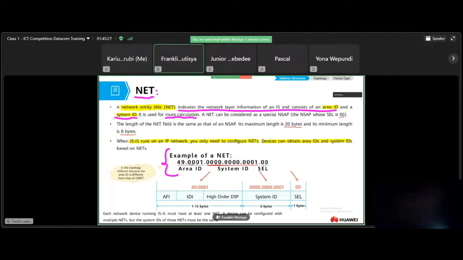The last one is the selector. So this is the system ID, this is the selector, this is the area ID. I hope that is clear. So every ISIS network must have at least one network entity title. A device can be configured with multiple nets, but the system IDs of these nets must be the same. Okay.